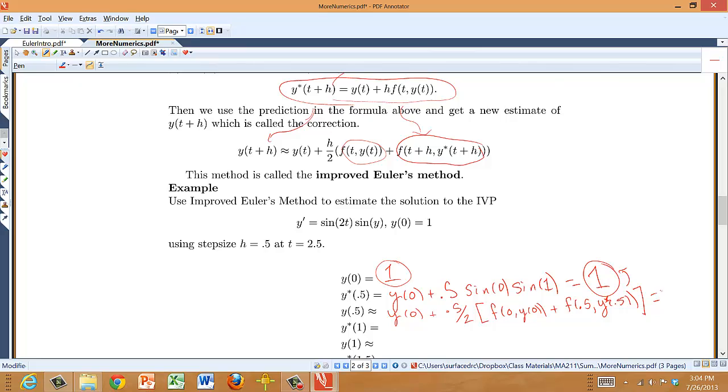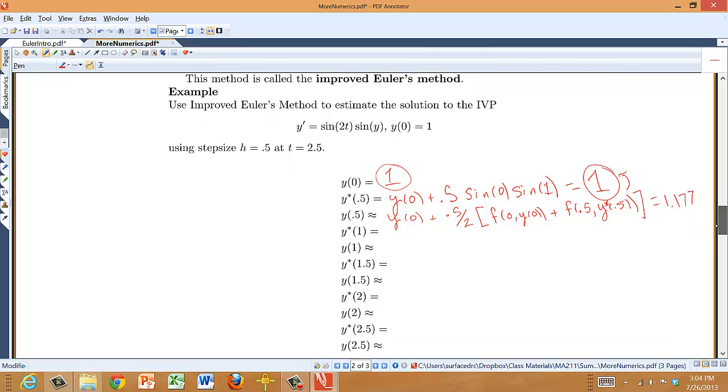And if you calculate that, you get 1.177. Okay, so now I have my value of y at time point 0.5. I can use that to do an Euler step from time point 0.5 out to time 1. So I can say this is y at 0 plus my step length of 0.5 times my f at 0.5 comma y at 0.5.